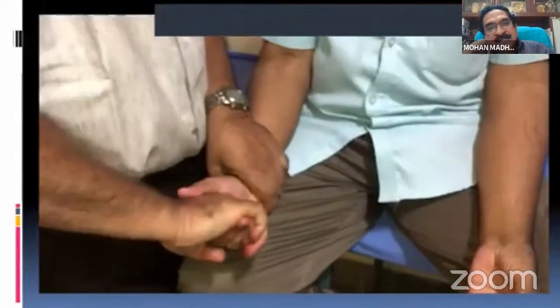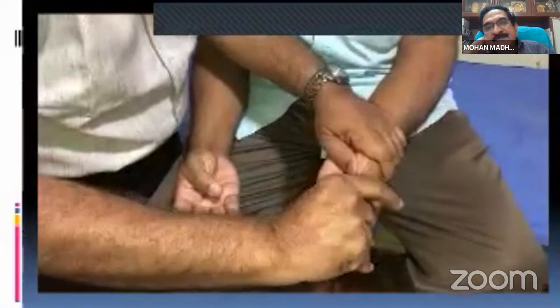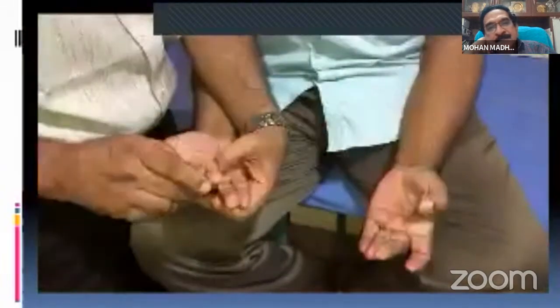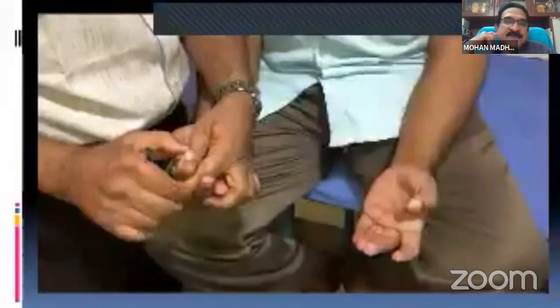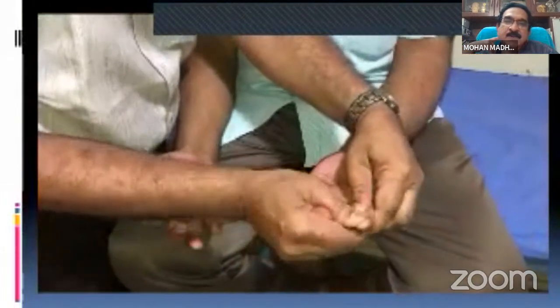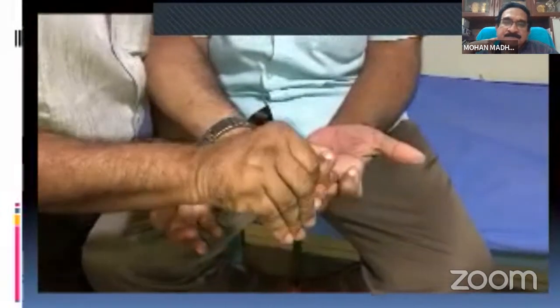I could overcome that; on the right side, I could not. Flexor digitorum is normal on the right side, slightly weak on the left side.